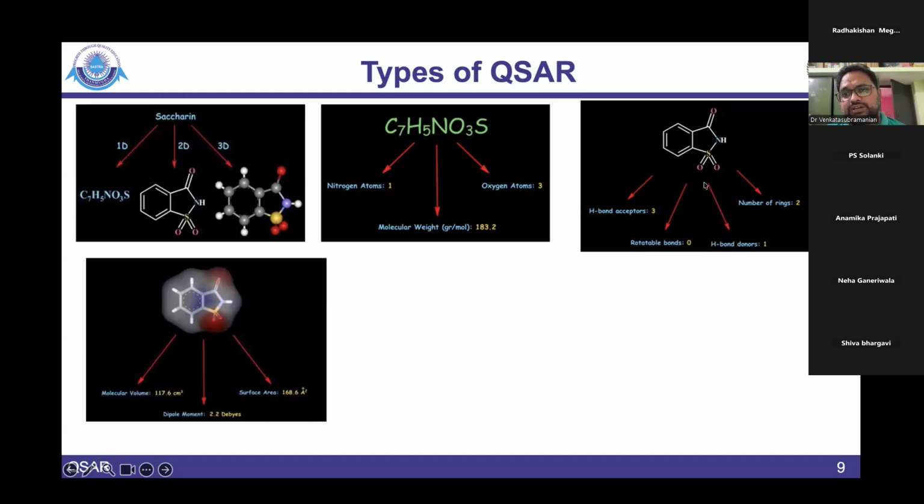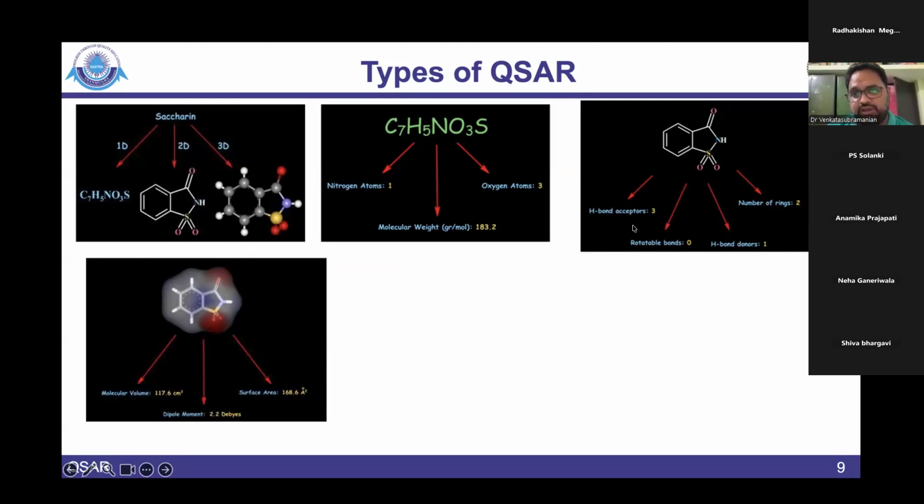Two-dimensional data includes, let's say, the number of rings, hydrogen bond donors, hydrogen bond acceptors and so on. And then three-dimensional means it uses three-dimensional properties, such as dipole moments, molecular volume, and surface area. So the molecule is described in 3 dimensions. Like I said, every one of these values is called a descriptor.